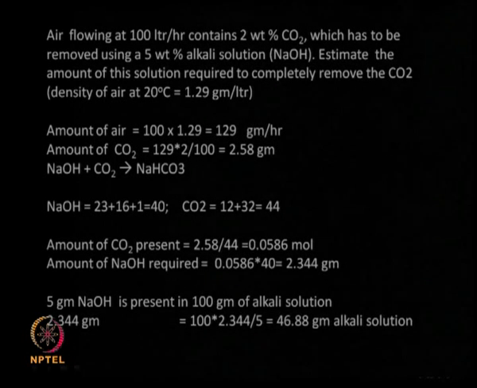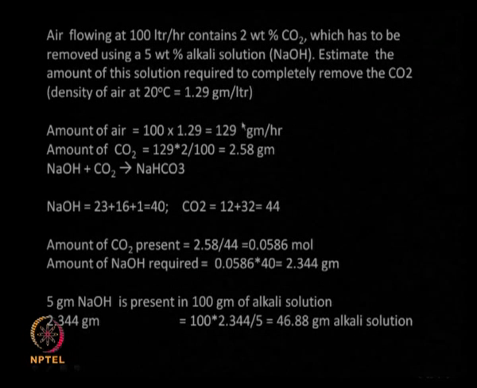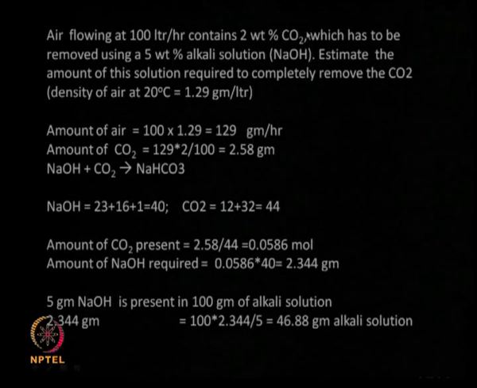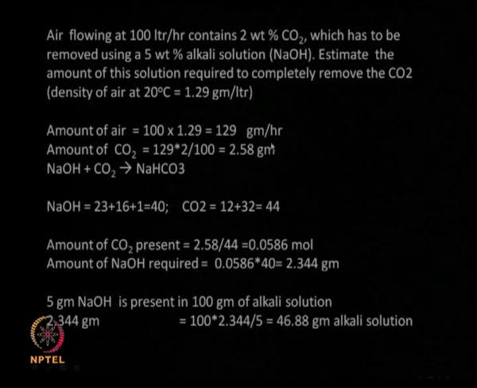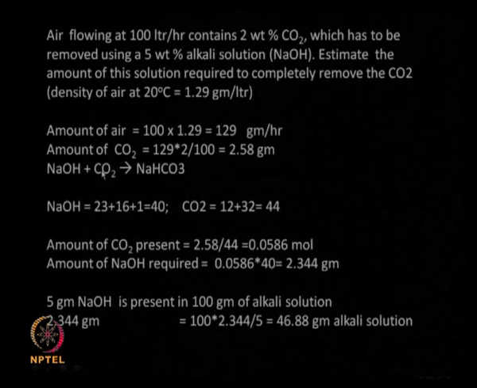So the amount of air we can calculate: 100 into 1.29, okay, that gives you 129 grams. Now this contains 2% carbon dioxide, so 129 into 2% gives you about 2.58 grams. Now carbon dioxide will react with sodium hydroxide to give sodium bicarbonate, correct.